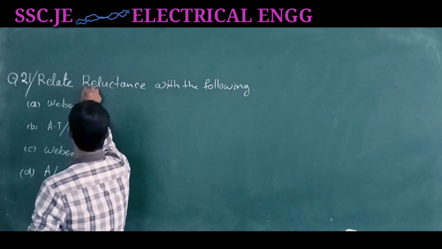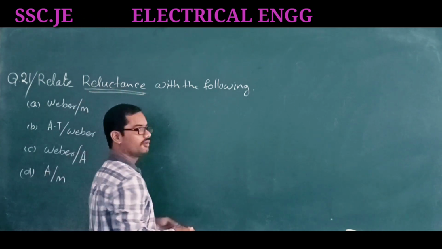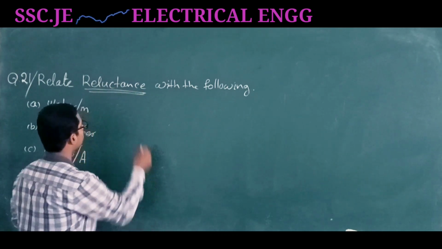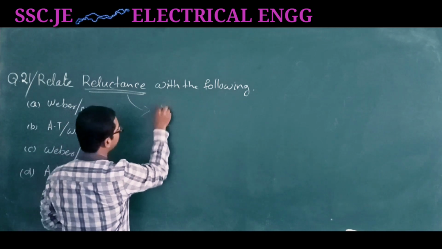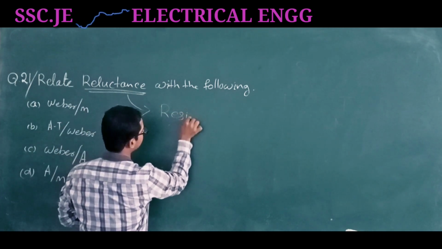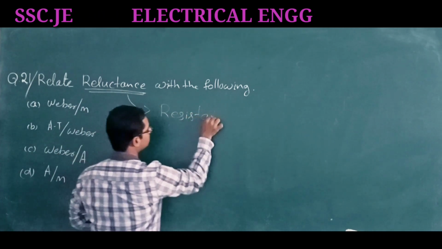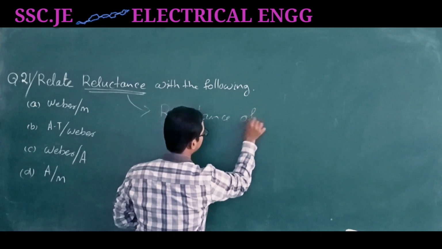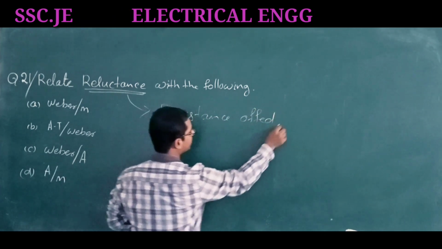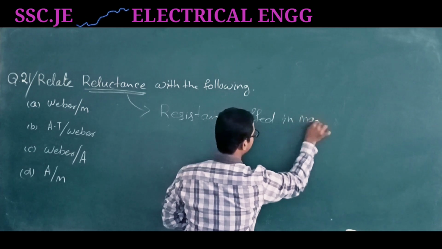So we know that reluctance is related to your magnetic field. Reluctance is the resistance offered in your magnetic field.